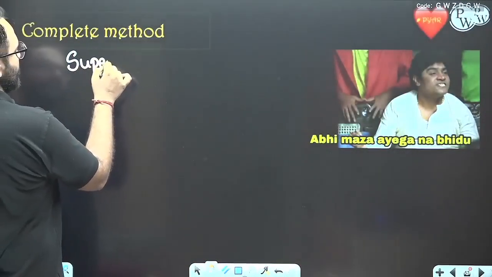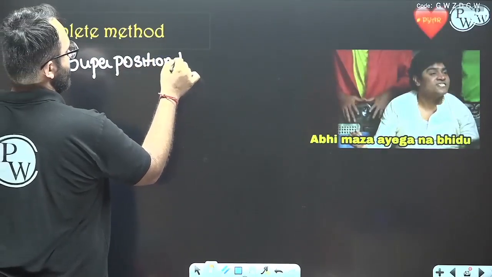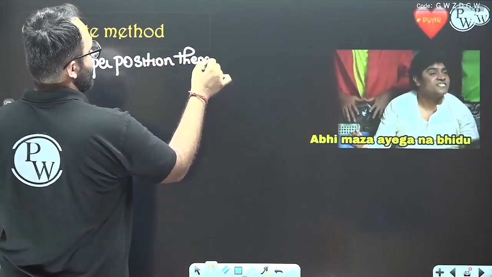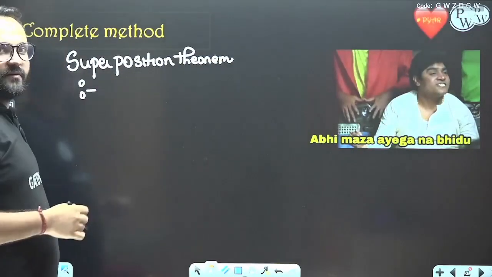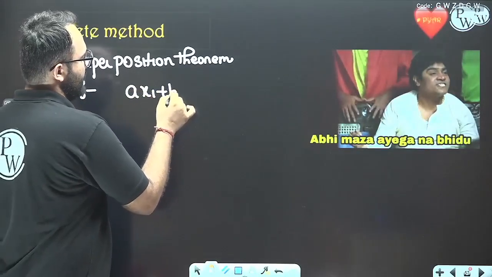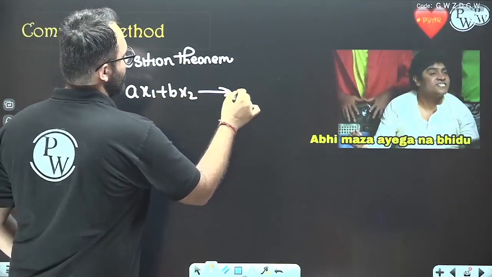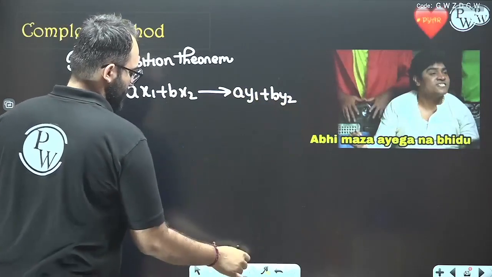The superposition theorem says that a times x1 plus b times x2 should produce the output a times y1 plus b times y2.